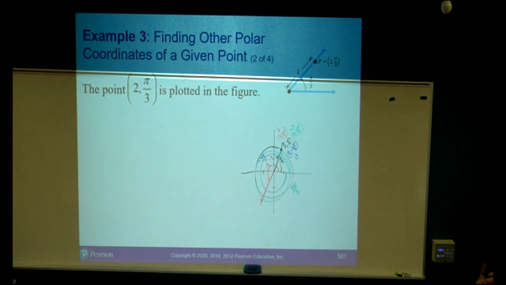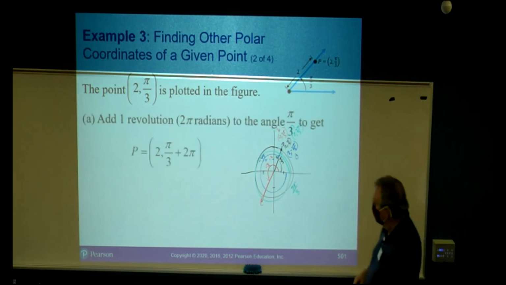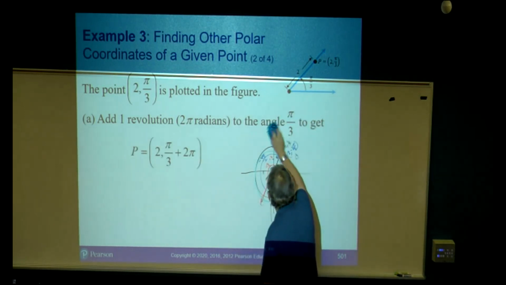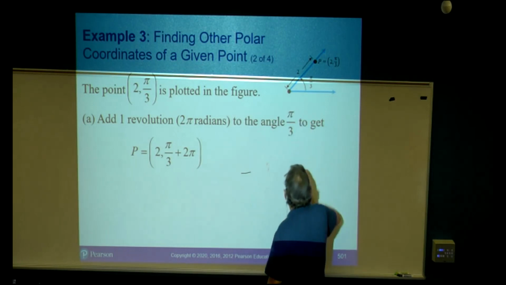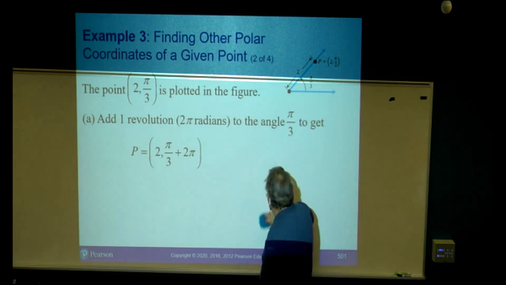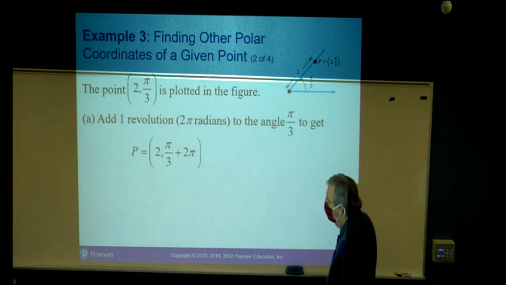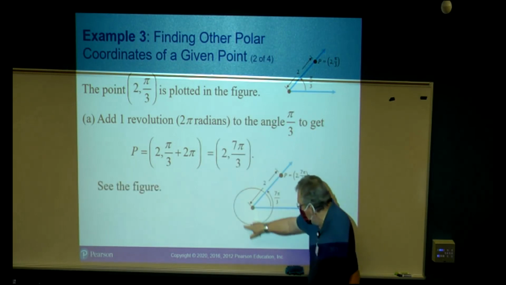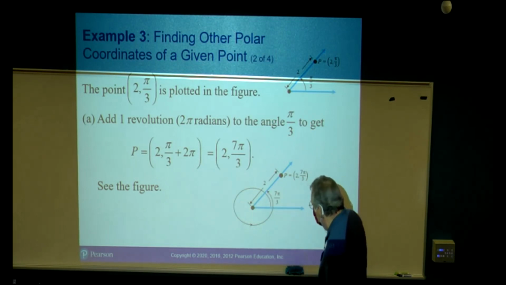This is one that I missed. So we just add 2 pi to pi over 3 to get to 7 pi over 3. And so that's just going around once and then winding up back there.